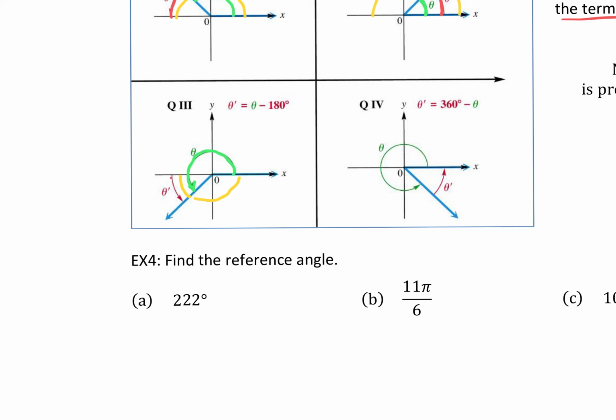The smallest angle would be this reference angle, going to the x-axis on the negative side of the x-axis. If you took away 180 degrees from theta, what's left over would be the reference angle. And that's why our reference angle is going to be our angle theta minus 180 degrees.